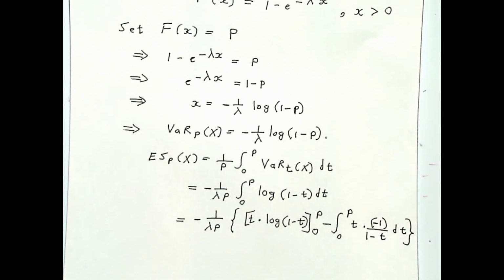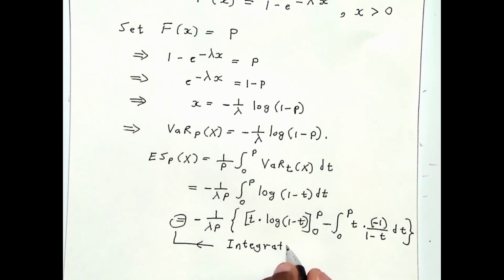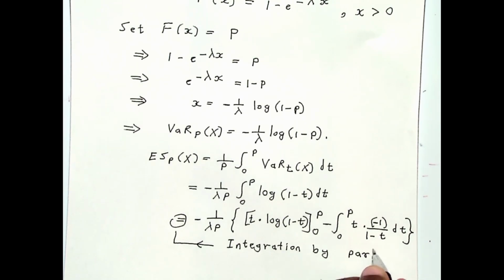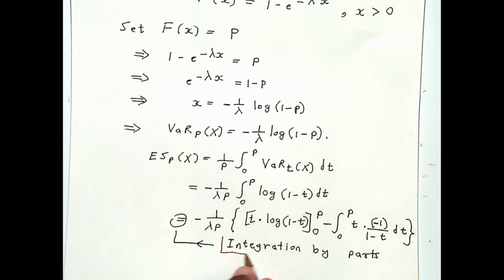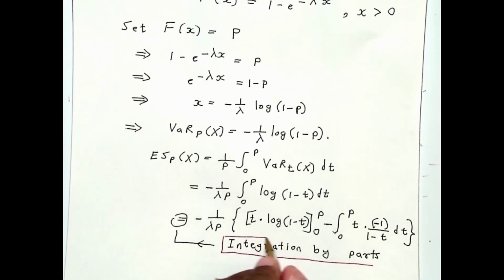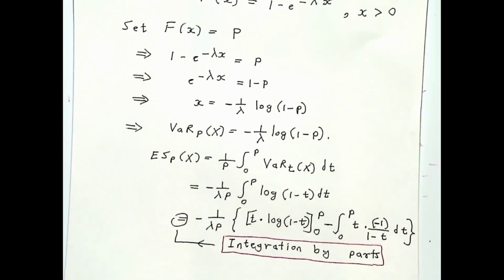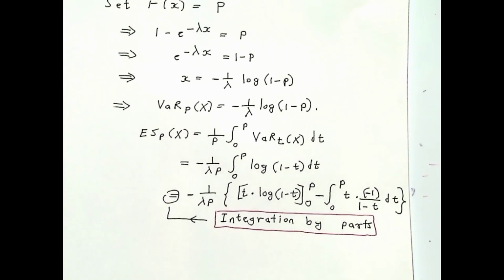Just to remind you, at this step I have used integration by parts. Okay. Right. Now taking the limits at 0 and p, this is what you get.